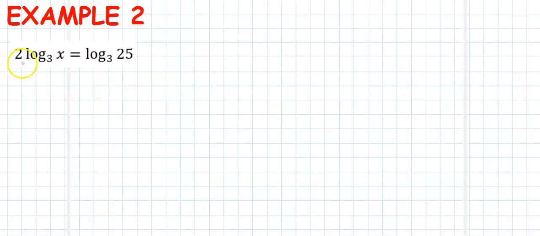Let's do a second example. If we have 2 times logarithm base 3 of x equals logarithm base 3 of 25. There is one property of logarithms that says that if there is a number multiplied by a logarithm, this is the exponent of the argument.